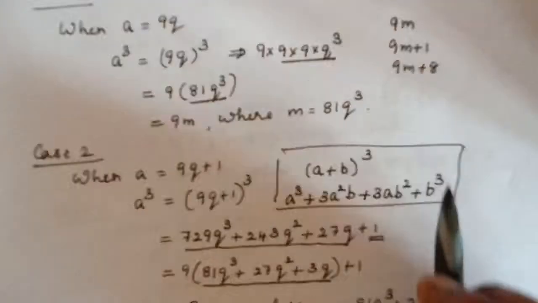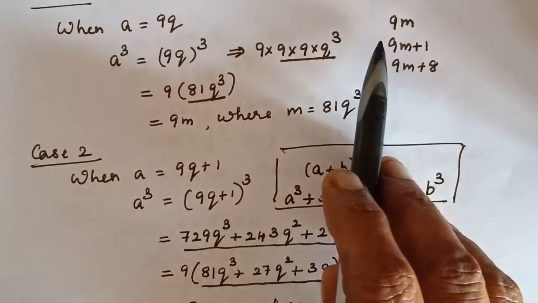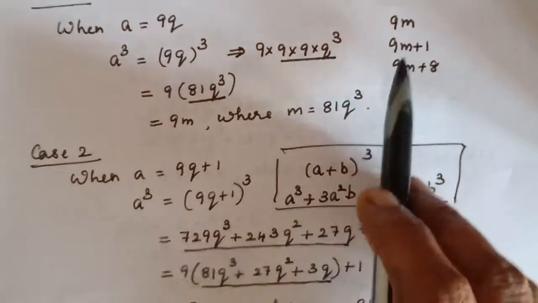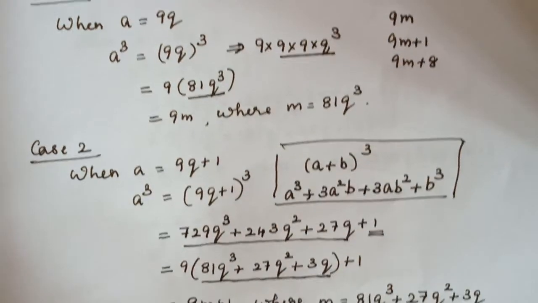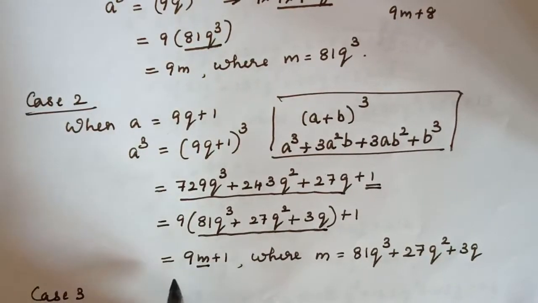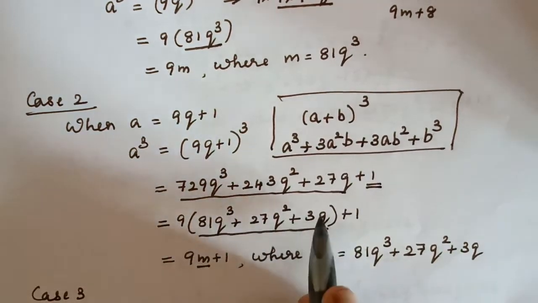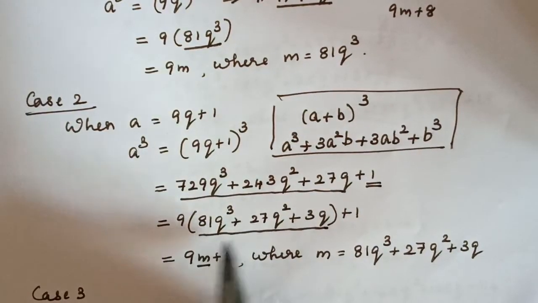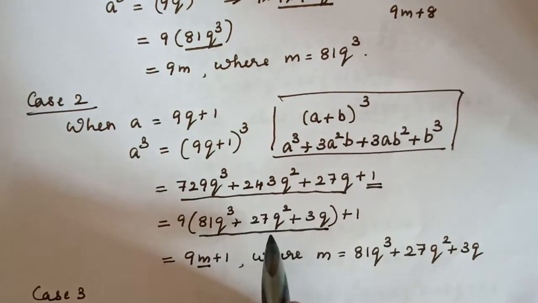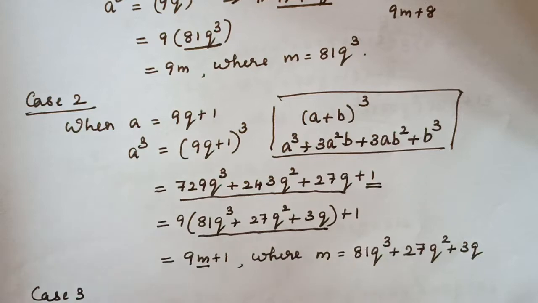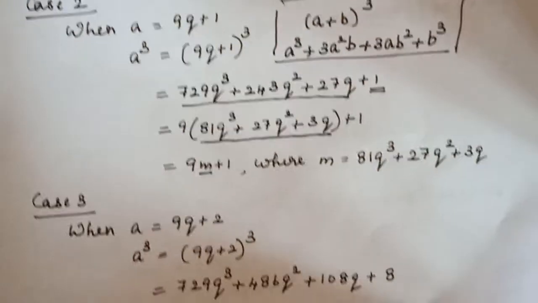Because we have to show either it is of the form 9m or 9m plus 1 or 9m plus 8. Any one of these we have to show. So here we got it as 9m plus 1, where m is equal to whatever is inside the bracket, these three terms, 81q cube plus 27q square plus 3q. Now case 2 is over. Now we will take case 3.